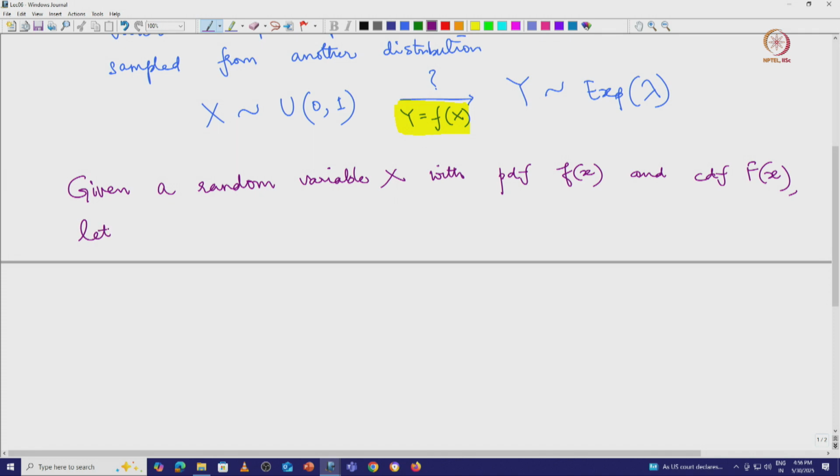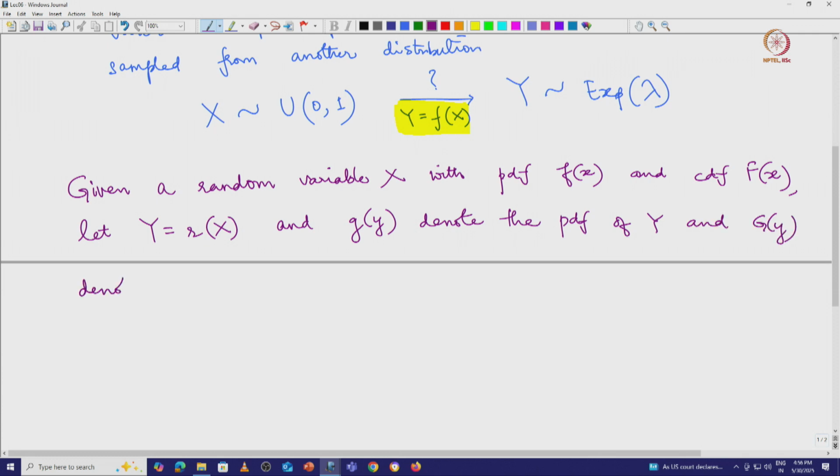Let y equals r of x, and g of y denote the PDF of y, and capital G of y denote the cumulative distribution function of y, right.